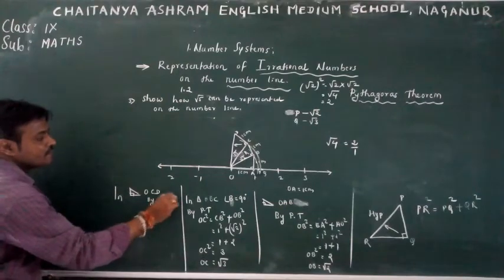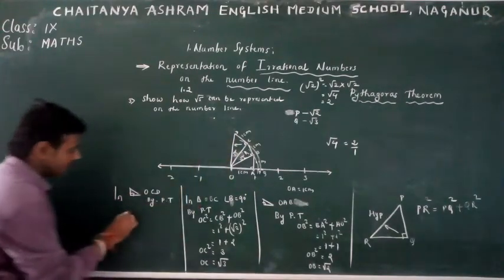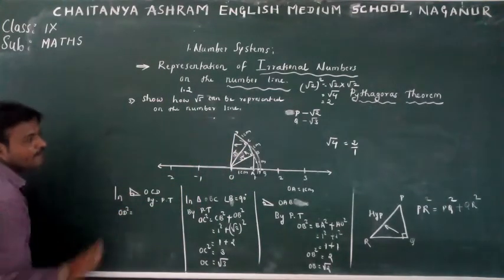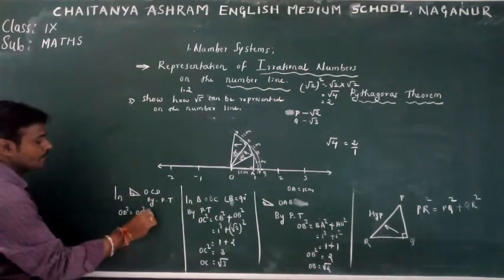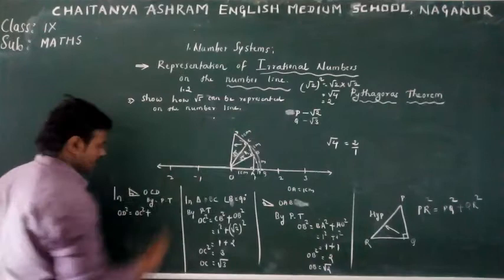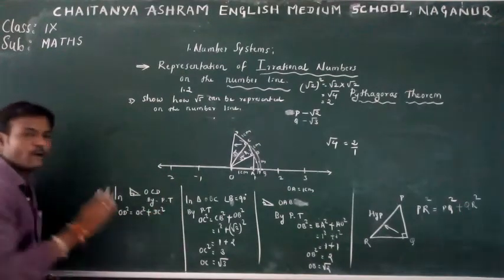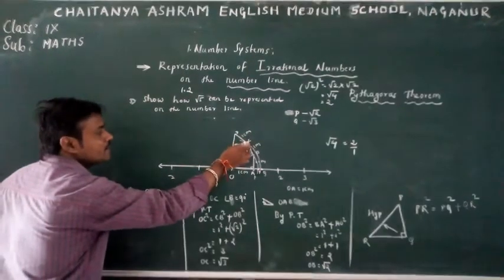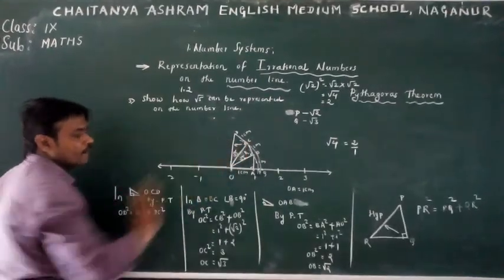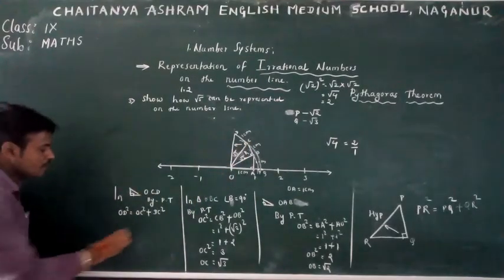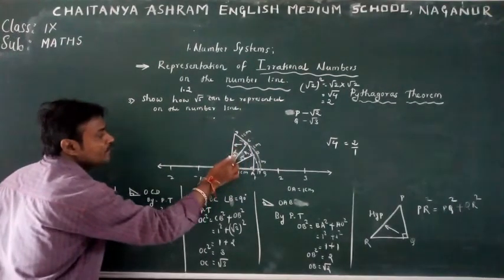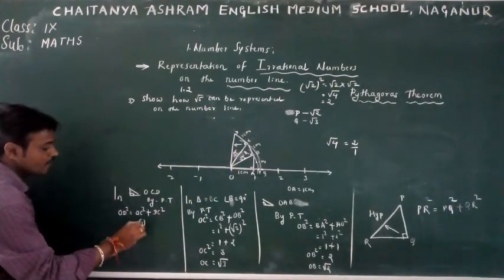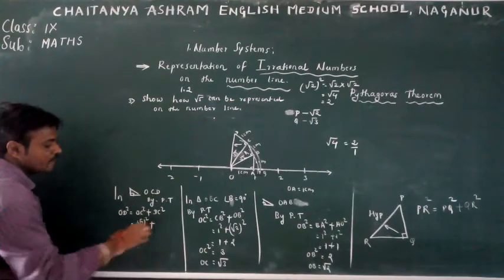By Pythagoras, OD square is equal to OC square plus DC square. Or first we can write DC square plus OC square, no problem. OC is root 3. Make it square.